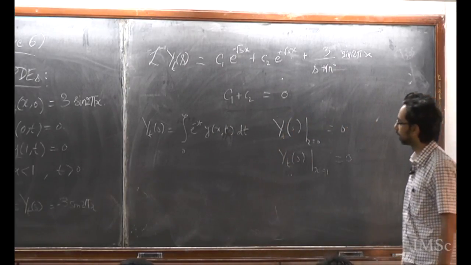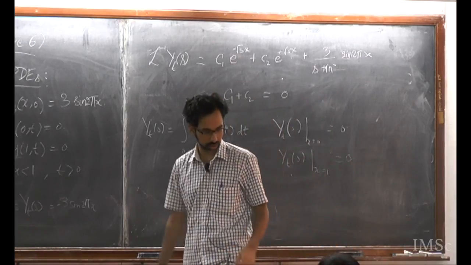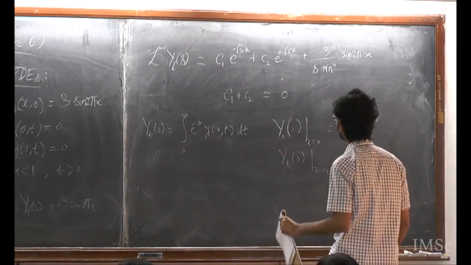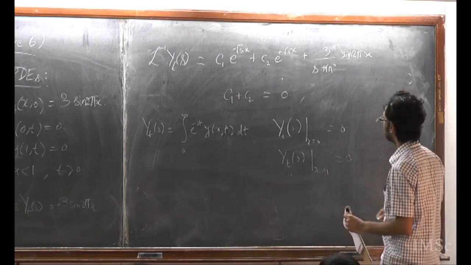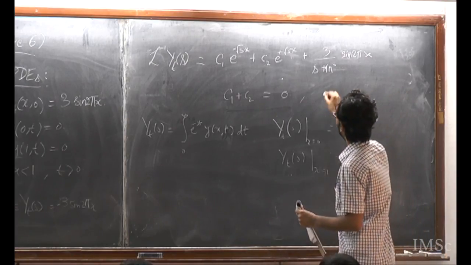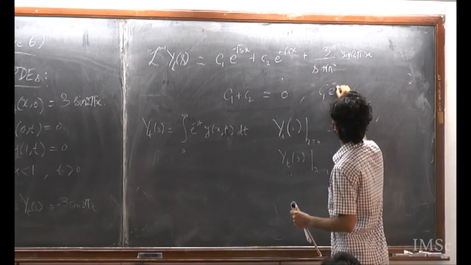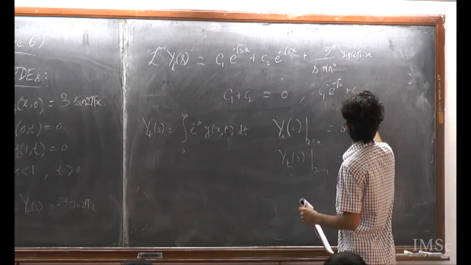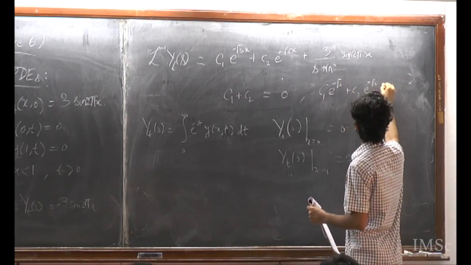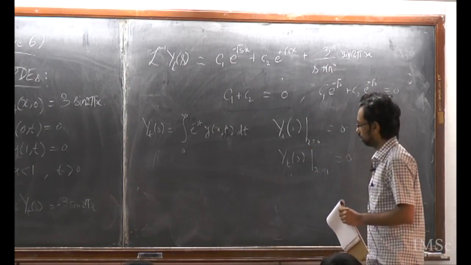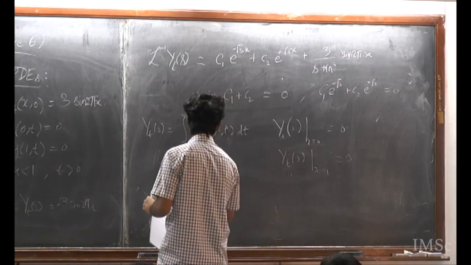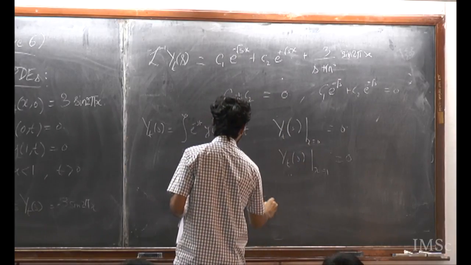Okay? The other condition you get is at x equals 1. So you get C1 e to the minus root s plus C2 e to the plus root s equals 0. And if you solve these two equations, you will get C1 and C2 are both 0.